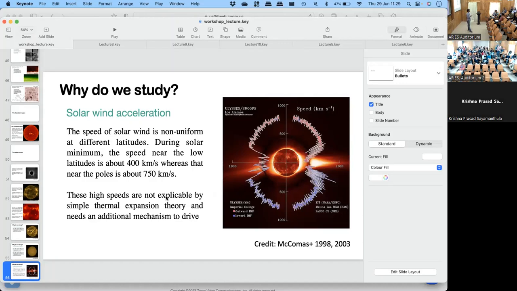You have 10 to the power 7 ergs per centimeter squared required, whereas in the quiet Sun it is one order of magnitude less. So the corona is hot overall, but at different locations the requirements are different. During the solar maxima you have more active regions, so you have a much larger heating requirement to heat those active regions up to millions of Kelvin, with the energy flux requirement of 10 to the power 7.